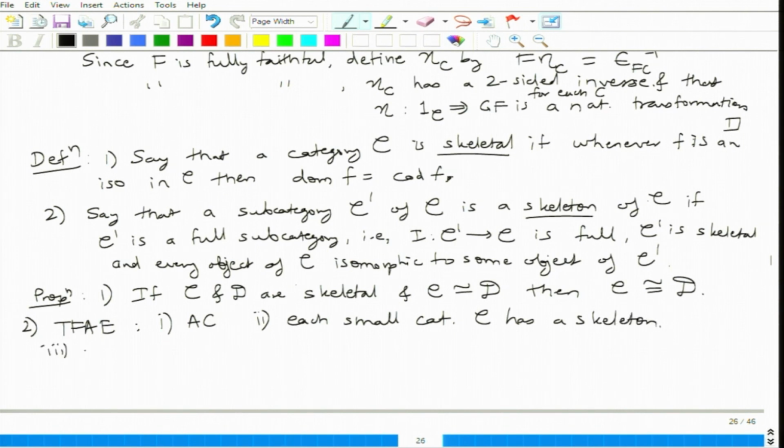Each small category, even though I am writing small category, is equivalent to any of its skeletons.